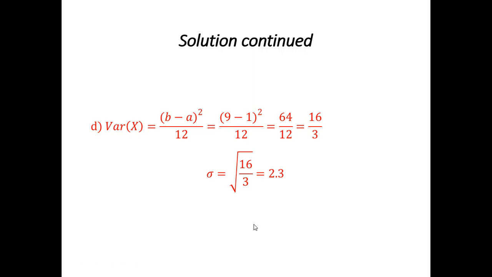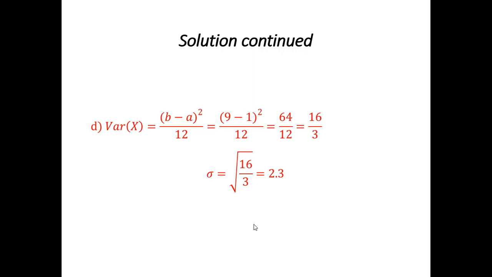And part D here is to find the variance of x. So again, there are certain formulas that we could use to find the variance of x for the general case. But when we have a uniform distribution, you'll see that in Chapter 4, this formula gets derived. The variance is b minus a squared over 12.